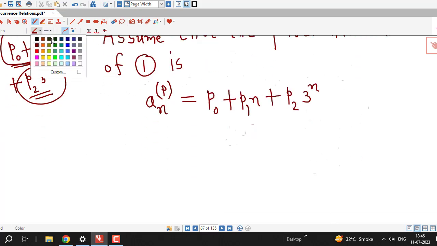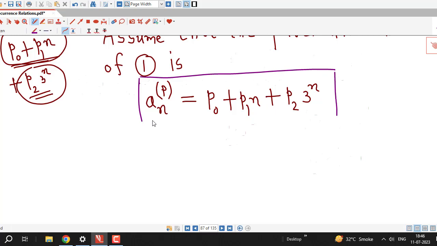Now once we decide the correct choice for the particular solution, then we have to substitute this solution in the given non-homogeneous recurrence relation.